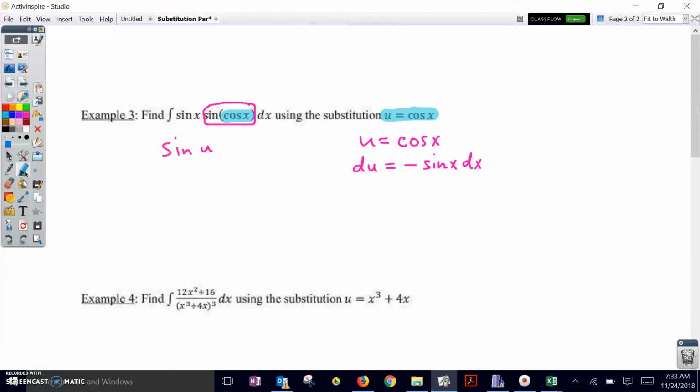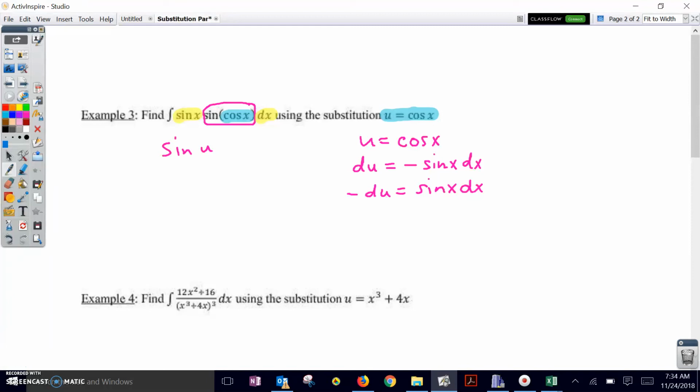And then we need to replace everything else with some expression in terms of du. So we're trying to replace the sine of x dx. Du is equal to negative sine of x dx. So that means that we're going to replace the sine of x dx with the opposite of du.